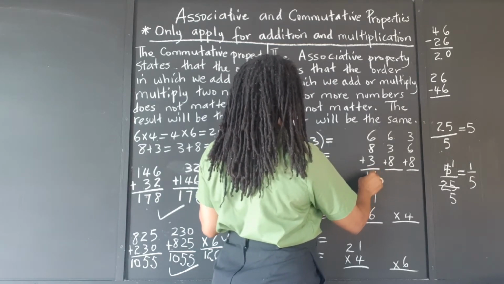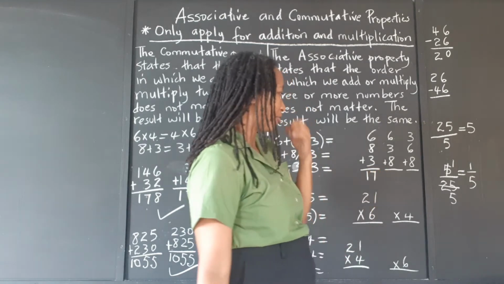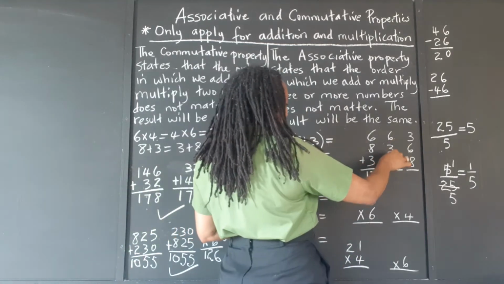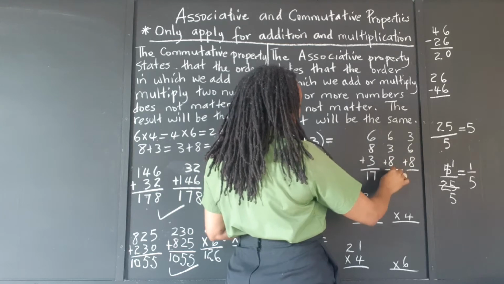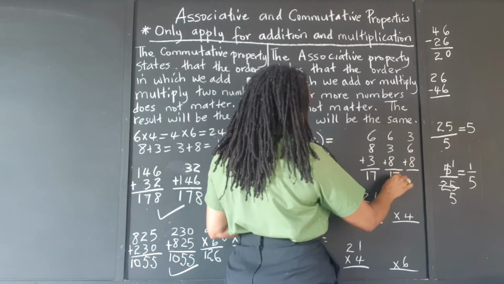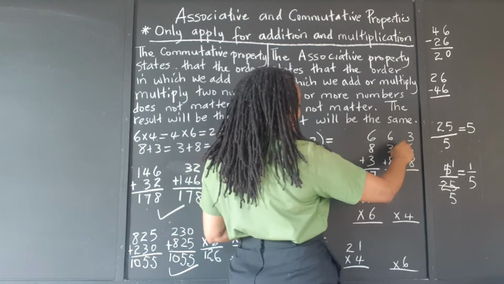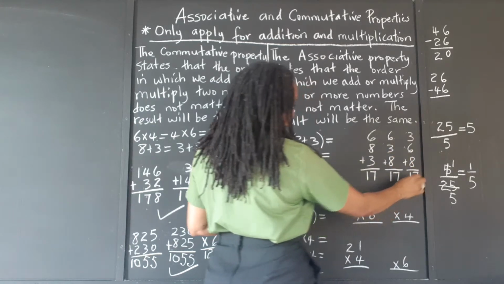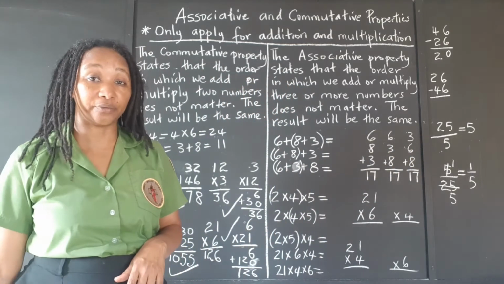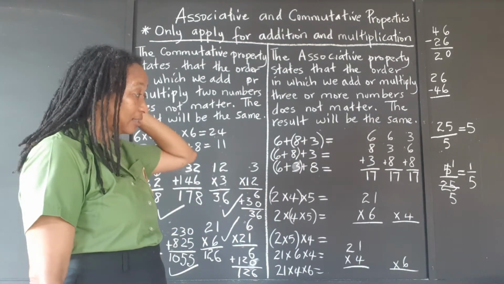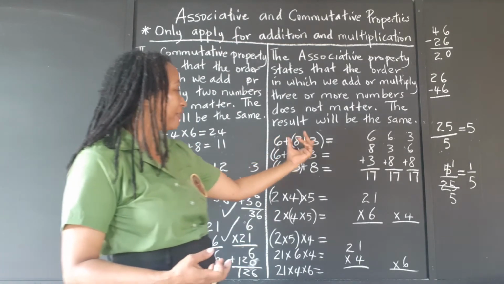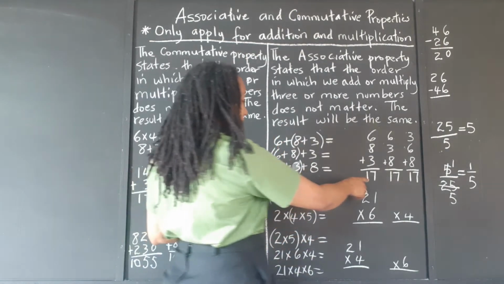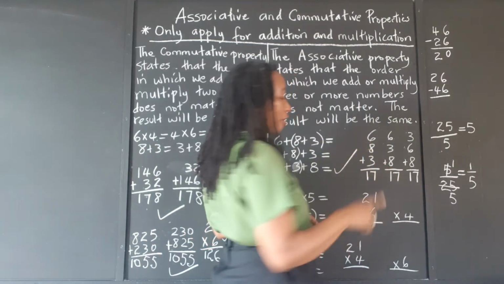Okay? 3 and 8, 11 plus 6, 17. 8 and 3, 11 plus 6, 17. 8 and 6, 14 plus 3 also gives 17. So it does not matter which two you add first and then the other one, you're going to end up with the same answer for addition.